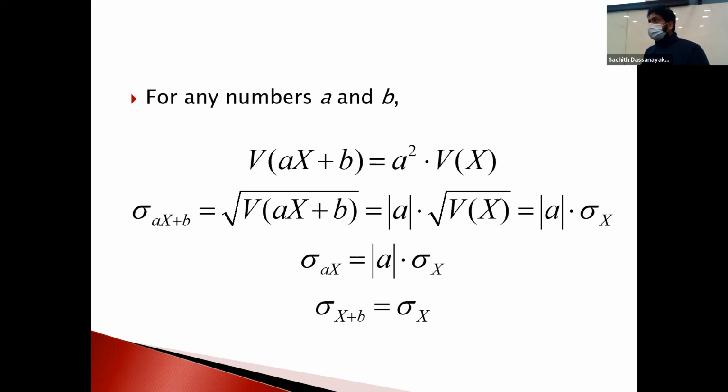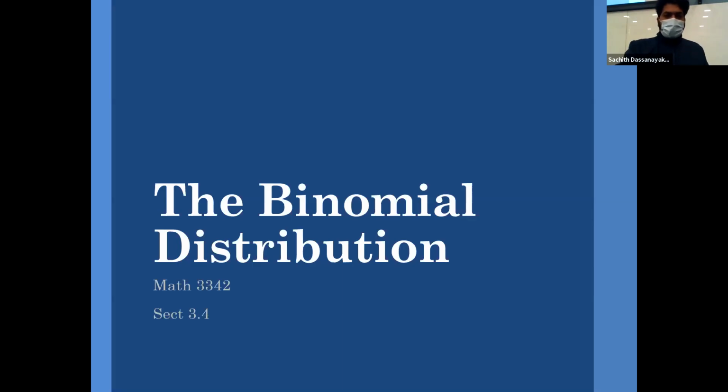So constant doesn't matter with the variance. Clear? So that's why the last answer in the second line and the third line are equal. The only difference is the first one has a constant value, b. Clear?